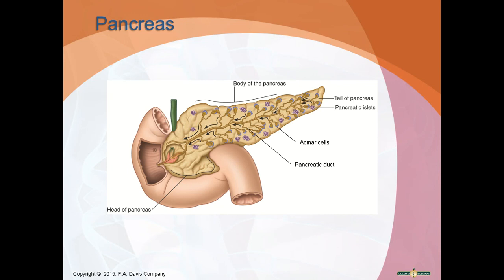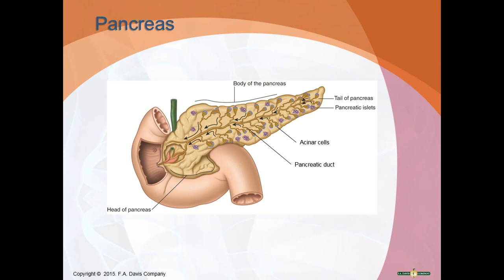The acinar cells secrete digestive enzymes in an inactive form. Once activated in the duodenum, the enzymes help break down lipids, proteins, and carbohydrates. Duct cells secrete sodium bicarbonate, which buffers the highly acidic chyme entering the duodenum from the stomach.